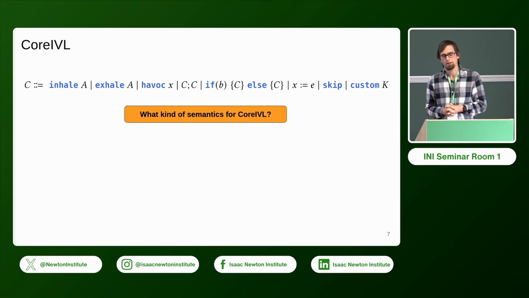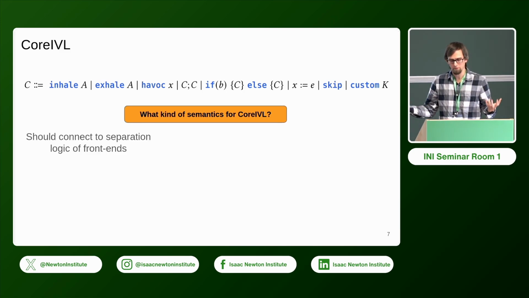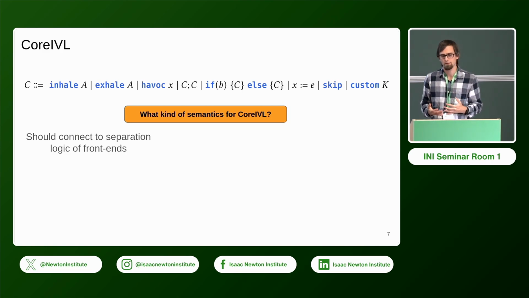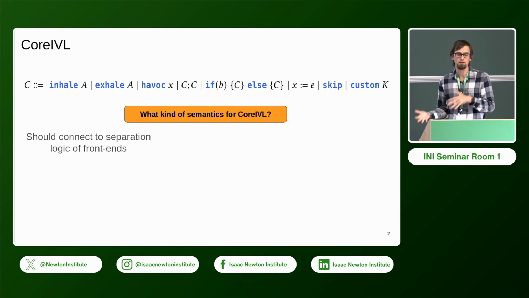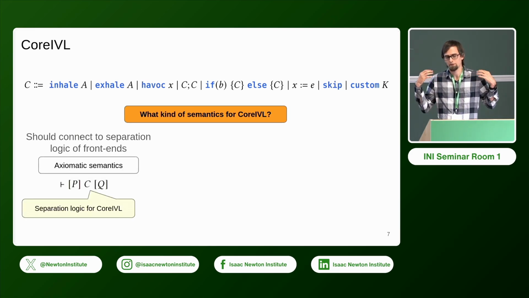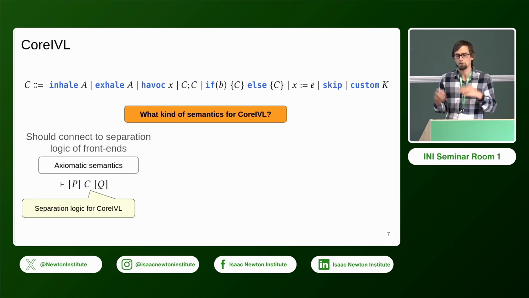So now the question is, we have this core IVL language and the syntax, but what semantics do we want for it? First, we want to connect this core IVL language to the separation logics of the front end. To do this, we ideally want an axiomatic semantics, a separation logic for core IVL, so that it's easy to connect the separation logic of core IVL to the separation logic of the front ends.